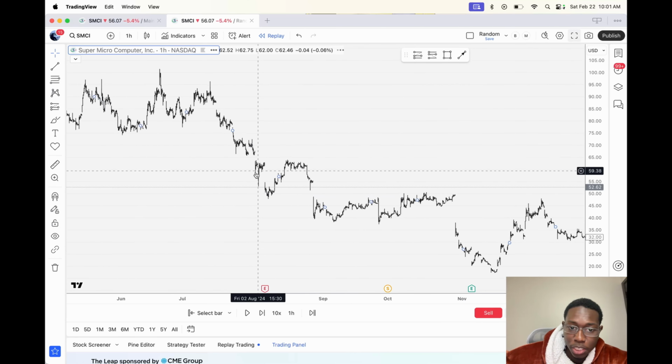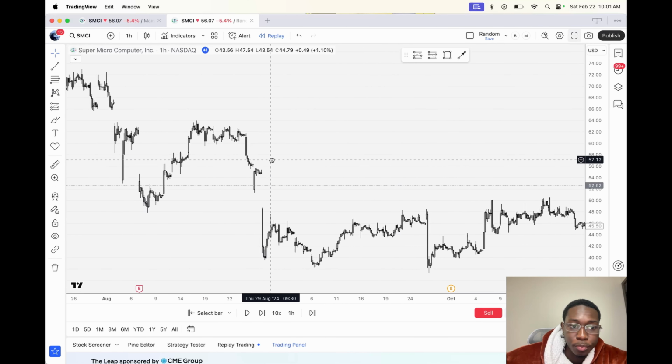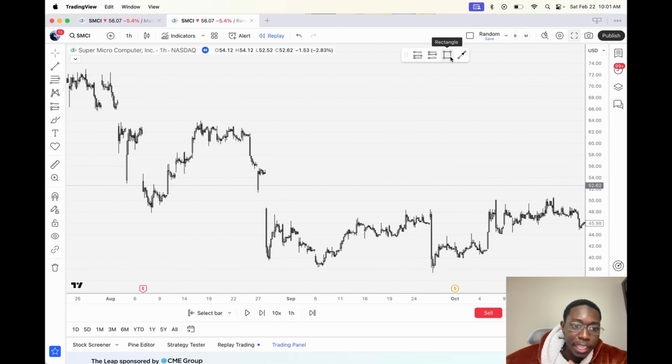So the first thing I did was I looked left, right, to see where the key levels on my charts were. Key levels are pretty much where both buyers and sellers have decided that they will do transactions in this area.